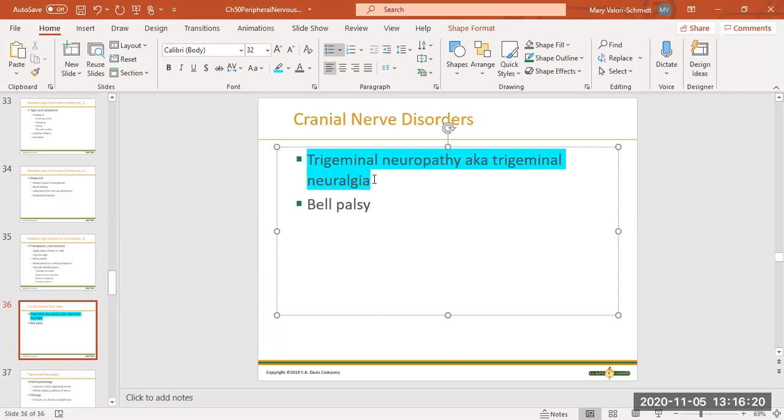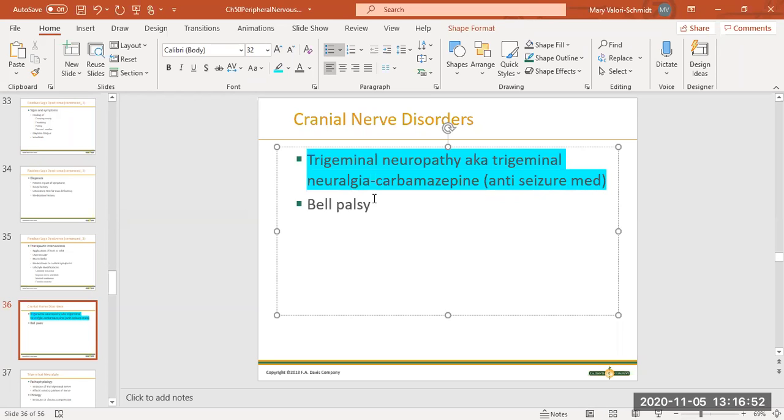And the only reason I'm even covering this is because I want you to know that there is a question, and I don't usually do this, but here I will. There's a question ATI has that asks about treatment that's off-label treatment for trigeminal neuralgia. And the answer is carbamazepine. Carbamazepine, right, is an anti-seizure medication, but it works for treating trigeminal neuralgia.